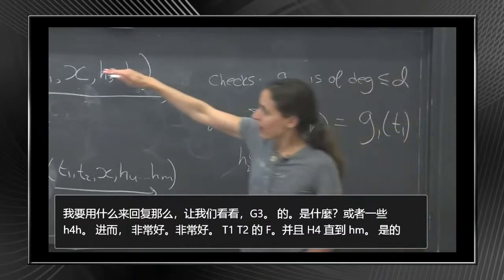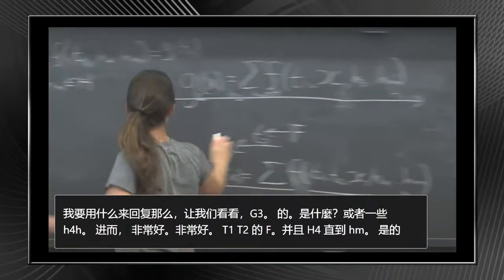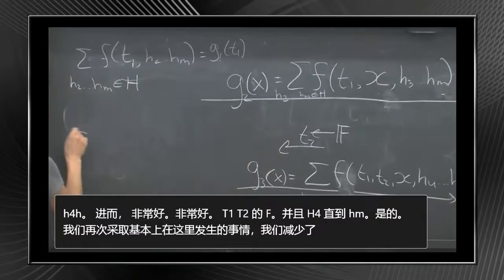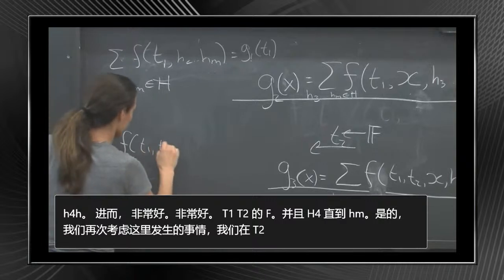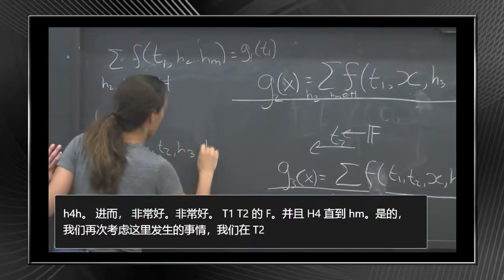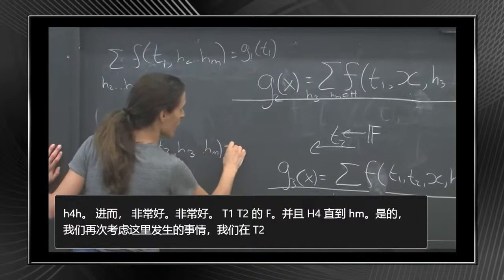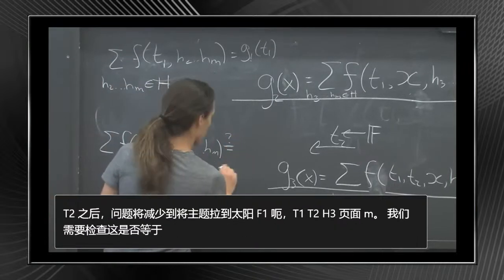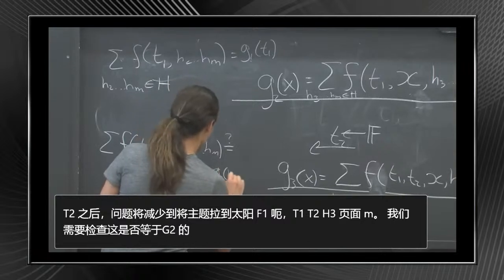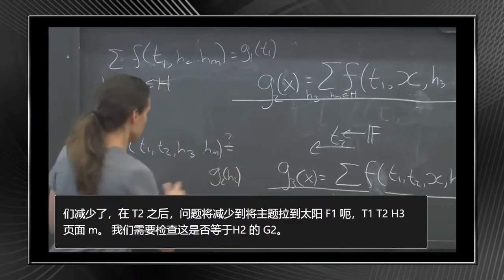Very good. Essentially what happened here is that after T2, we reduced the problem to proving a sum check over the sum of F of T1, T2, H3 up to HM, and we need to check whether this is equal to G2 of T2.